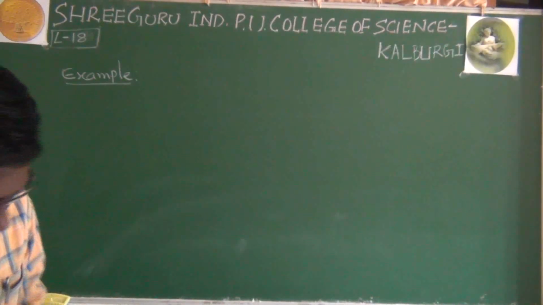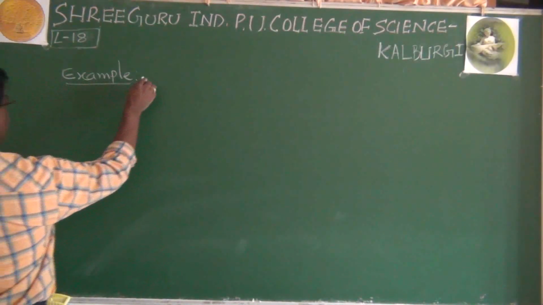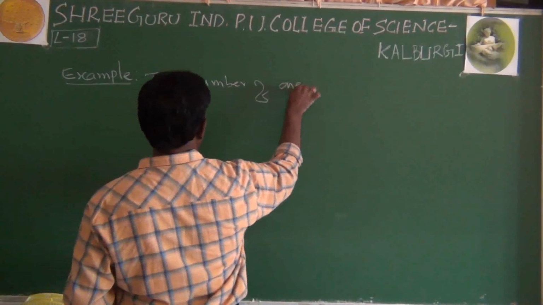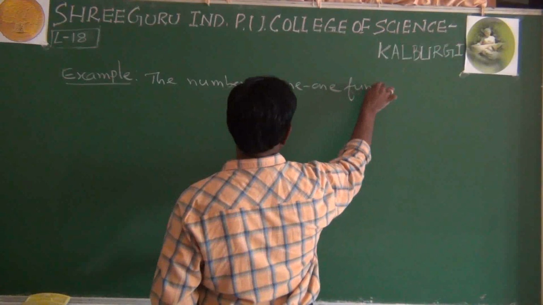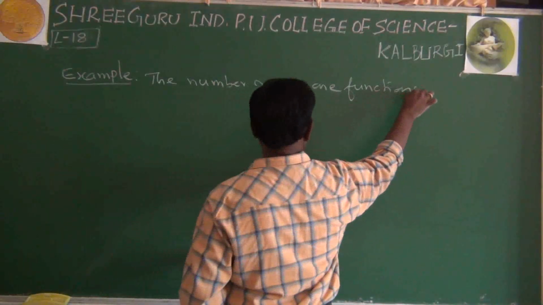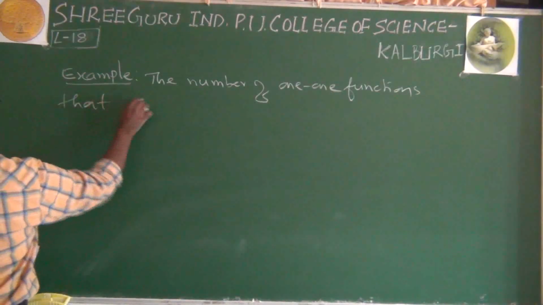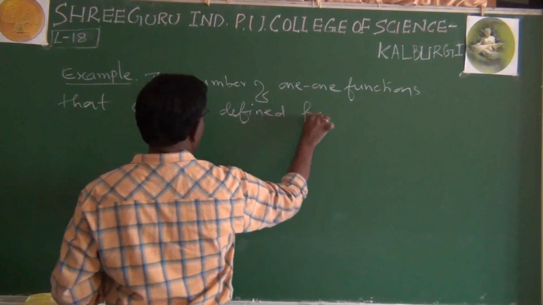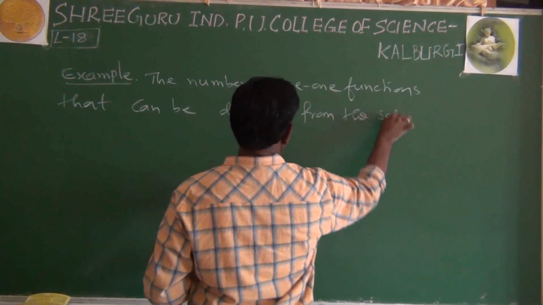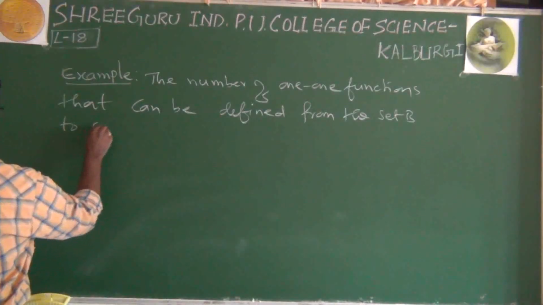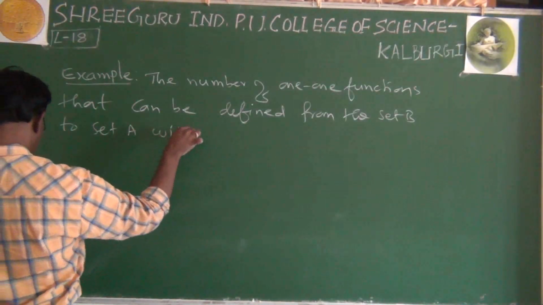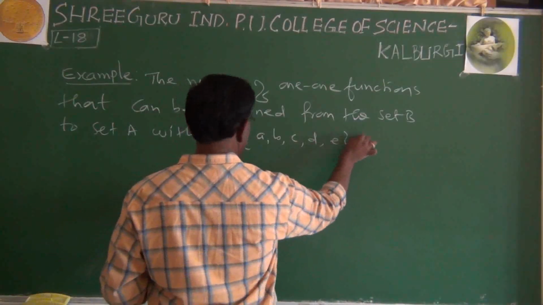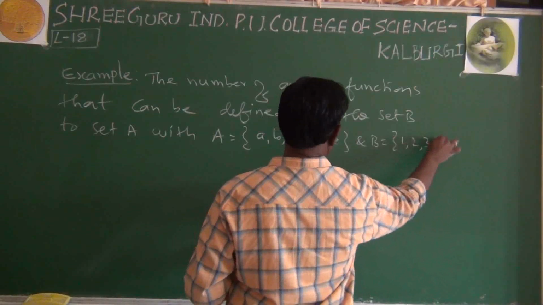Second example. Example number 2. The number of one-one functions that can be defined from the set B to set A. Be careful, with A equal to {a, b, c, d, e} and B equal to {1, 2, 3, 4}.